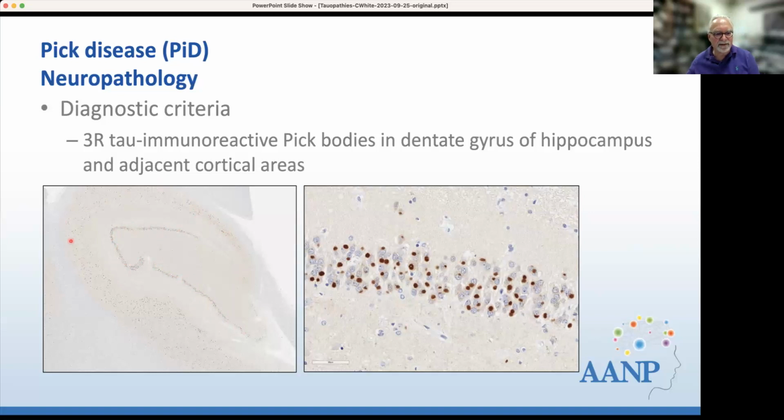And you can also see some immunoreactivity at low power out in the pyramidal layer, and then at high power, here illustrated in the dentate gyrus, are the ovoid Pick bodies, very similar to those demonstrated by Bielschowsky stain, but in this case demonstrated by 3R restricted tau immunoreactivity. Interestingly, Pick disease is so far the only pattern of tauopathy that seems to be restricted to 3R tau.